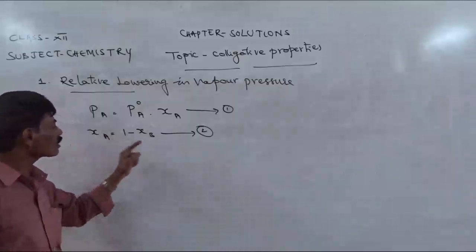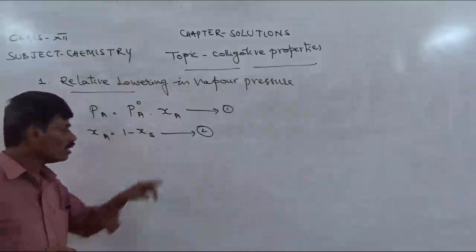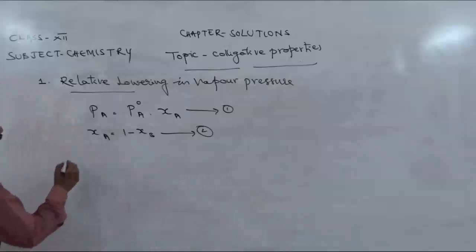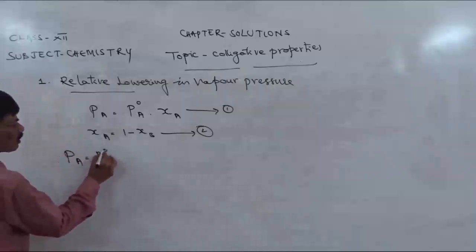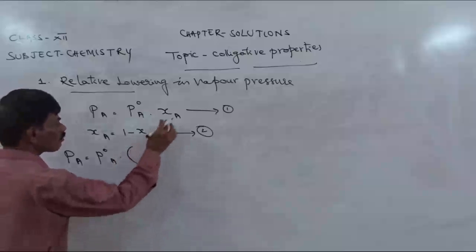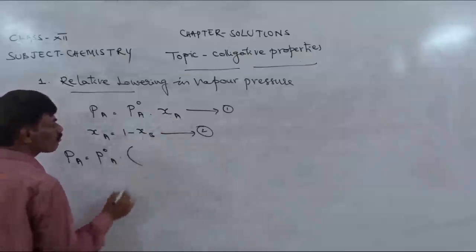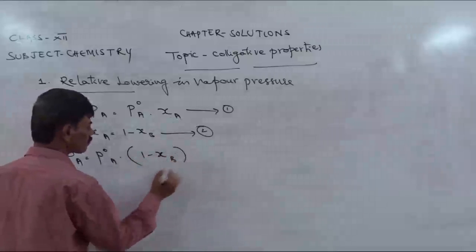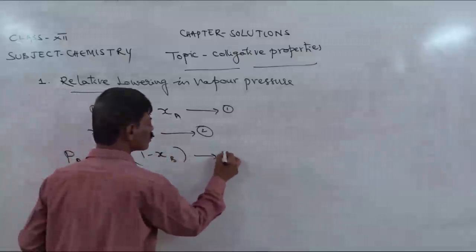So when this expression, that is equation 2, is substituted in equation number 1, we will get PA = P0A × (1 − chi B). Let this be equation number 3.